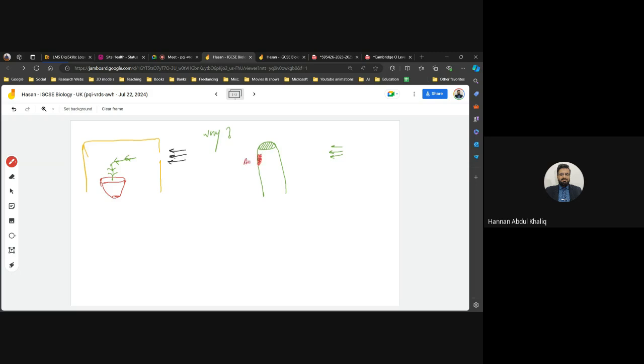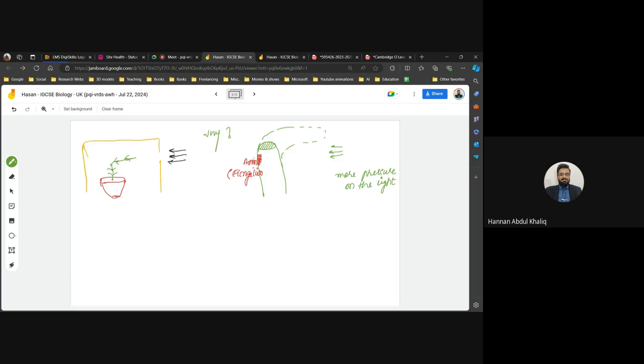Since it is a shoot, the elongation would only happen on the left side, not on the right side, leading to more pressure on the right side due to cell walls, and ultimately the shoot would bend to the right.